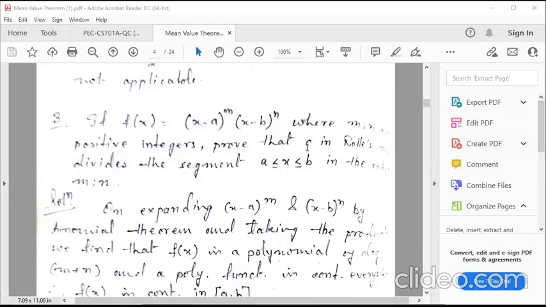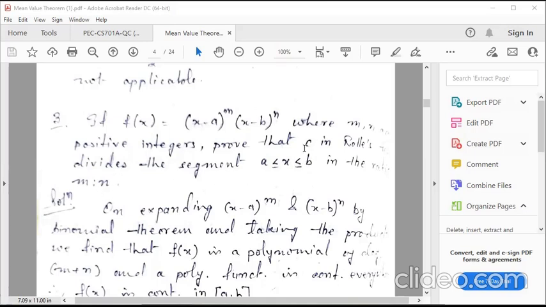That means I need to find the point C at first, then check whether we get the expression which divides the line segment in the ratio m is to n or not.